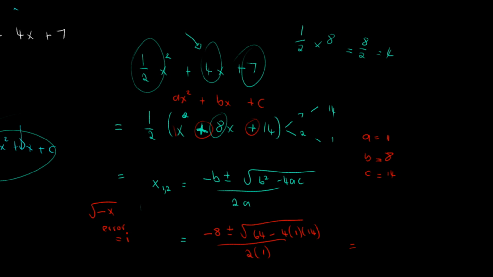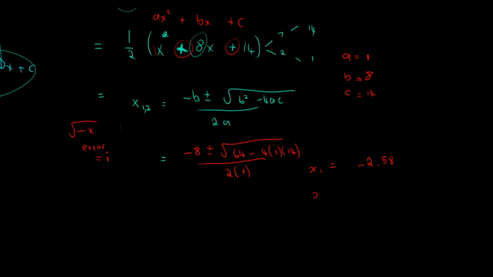Fraction, negative 8 plus, I will do plus first, square root of 64 minus 4 multiply 14 over 2. So my first answer is negative 2.58. So I'm going to say my first x is equal to negative 2.58.